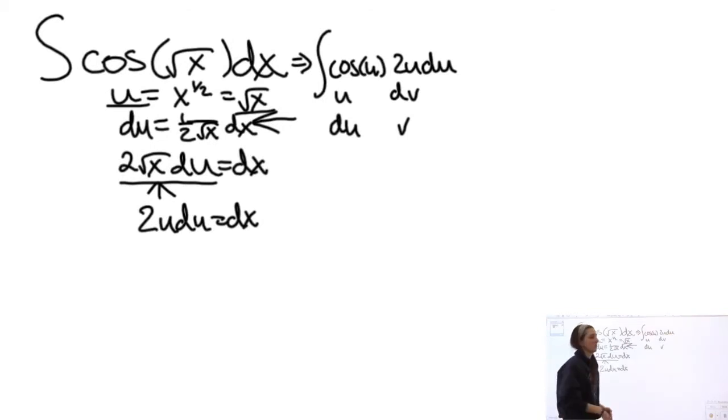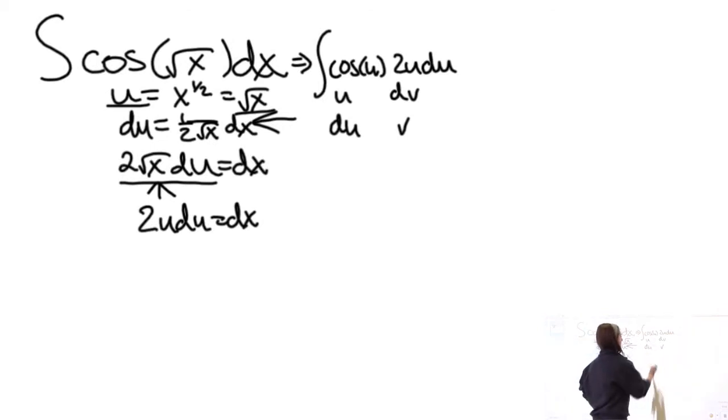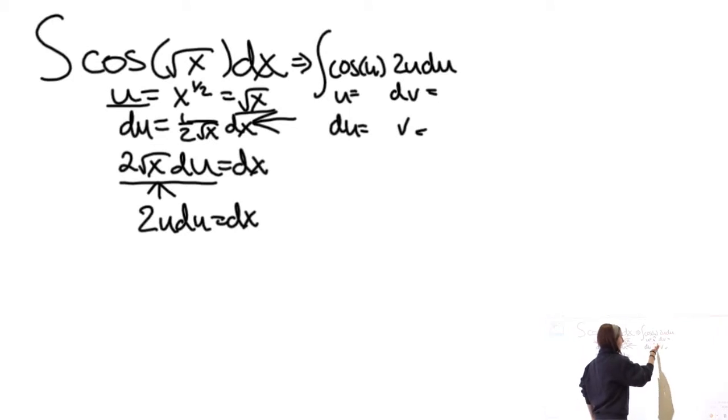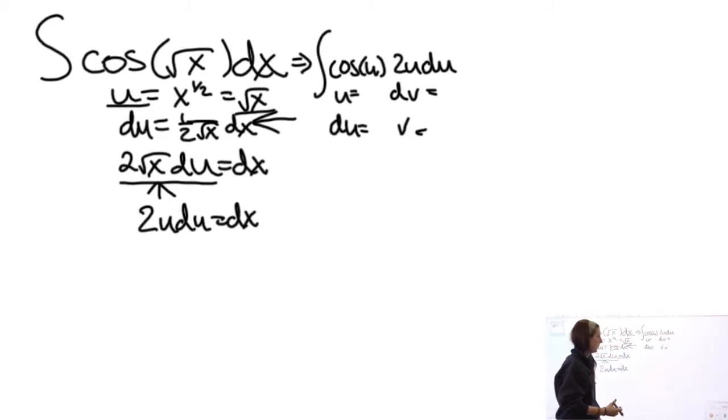Maybe like t or something, since we're using u's right here, and that might get you mixed up. A good way to do this would probably just be, we have to make this simpler on ourselves, because it's uv minus v du.